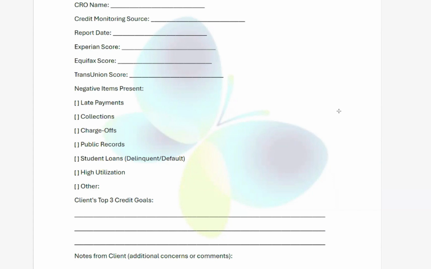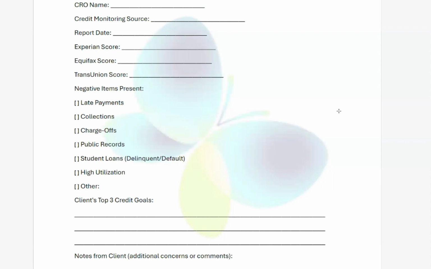Any other information the client gives you, they may tell you all kinds of things during that credit evaluation. A lot of times they'll tell me, "I have all these accounts on there that are not mine." That's super important to know. That may be a mixed file, and that's going to be important later. Or maybe it's identity theft.